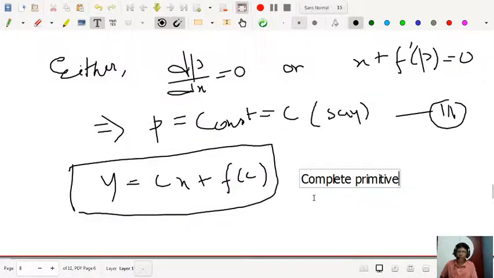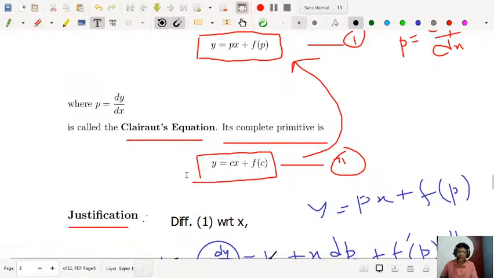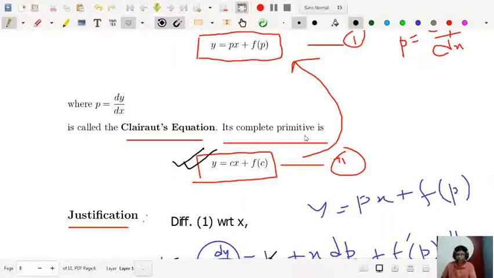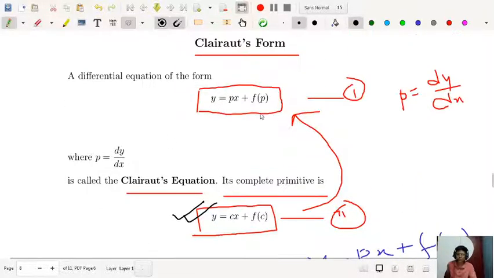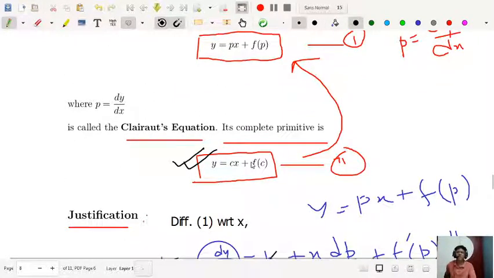Got it? So that is why it is justified. If you can write any first order but higher degree equation in the form of this Clairaut's equation, then its complete primitive you can directly write as y = cx + f(c).